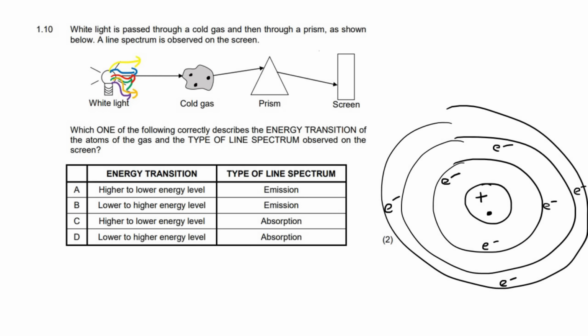Okay? Now, what can happen is that, remember, the different lights, like yellow, blue, indigo, have different amounts of energy. Now, let's say, for example, we shine the orange light, and let's say that that orange light has just the amount of energy for this electron to gather enough energy to go to the next energy level, because you need more energy as you go out.